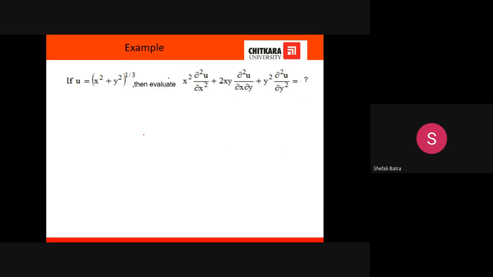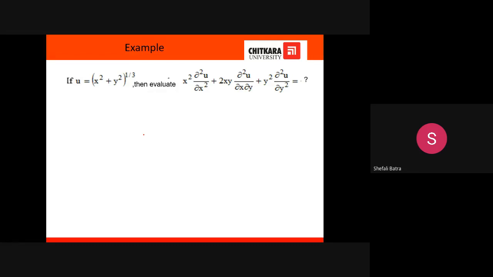Now come to the next. If u is equal to (x square plus y square) whole power 1 by 3, then evaluate x square ∂²u/∂x² plus 2xy ∂²u/∂x∂y plus y square ∂²u/∂y². Tell me what to do. This time you need second order derivatives.